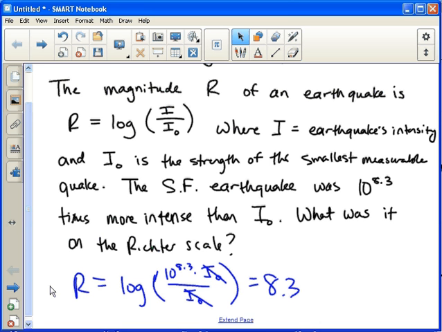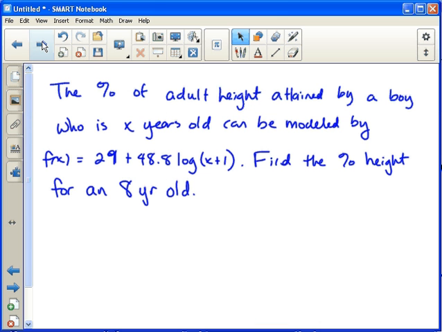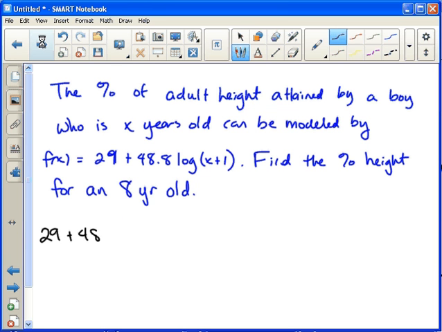So here's another example of how logs might be used. The percentage of an adult height attained by a boy who is x years old can be modeled by the function f of x equals 29 plus 48.8 log of x plus 1. Find the percent height for an 8-year-old. So 8 years old, that means we plug in 8 for x, we get 29 plus 48.8 log of 8 plus 1.